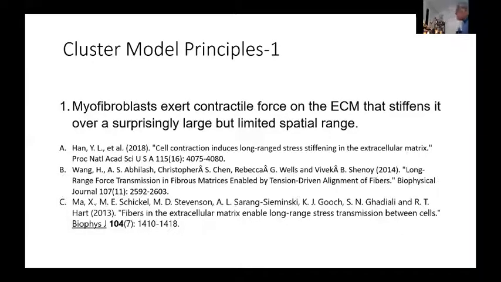And you might expect that that stiffening effect would be a relatively short-range effect. Nevertheless, it's been observed in papers, some of which are cited here, that when a myofibroblast exerts contractile force on the viscoelastic extracellular matrix, the stiffening effect actually occurs over a fairly large, although still limited range, maybe a range of the order of 100 or more microns.